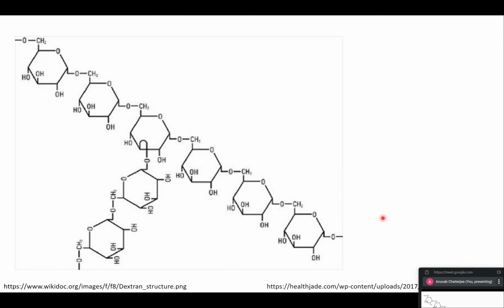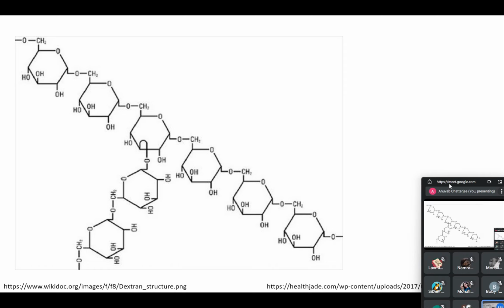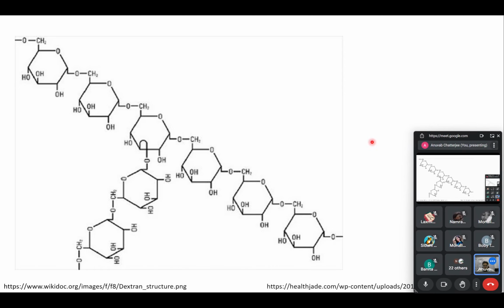Moving on, we have another polymer here. This is dextran. Dextran is a polymer of a carbohydrate which forms a long chain. So as opposed to DNA or RNA, which have particularly complicated monomers which form long chains, dextran is made out of the same thing.